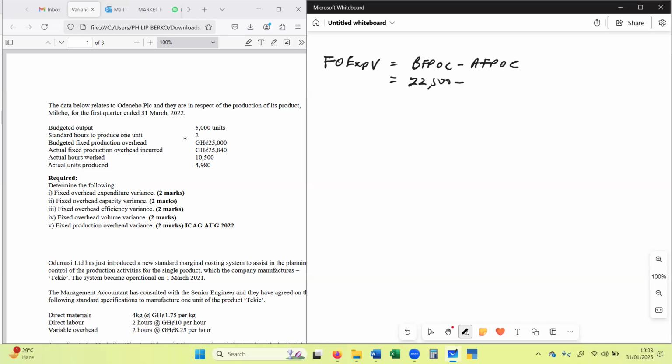And the actual fixed production overhead is the fourth one, 25,840. So that gives us what? 840. Adverse or favorable?